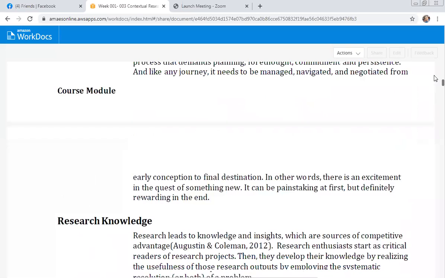Okay, so during our last meeting, we talked about research as an independent body of knowledge, its characteristics and its definition.